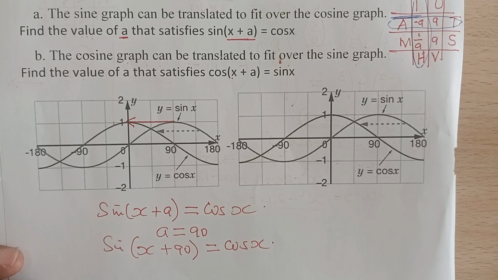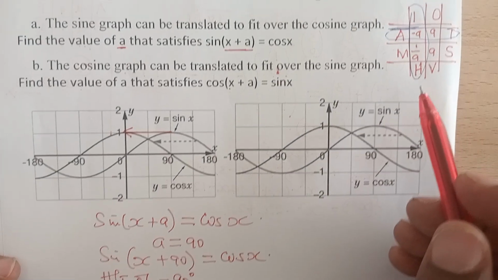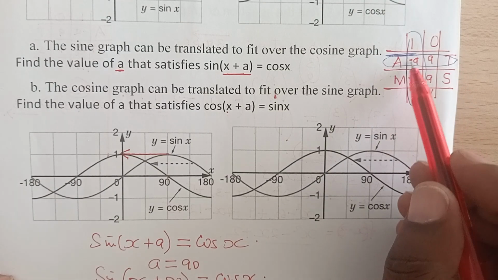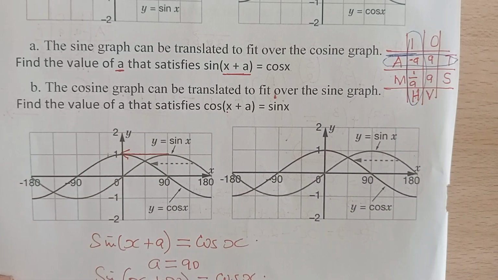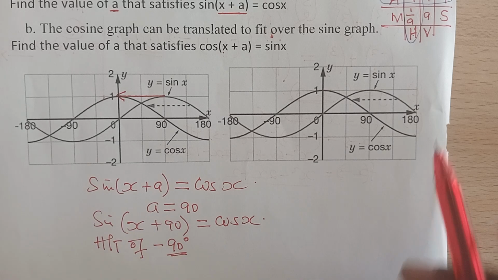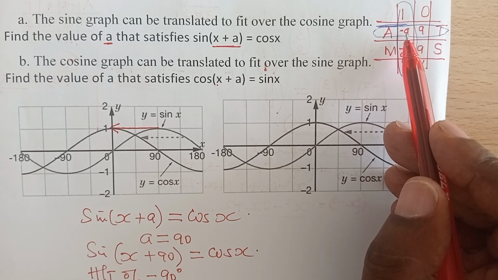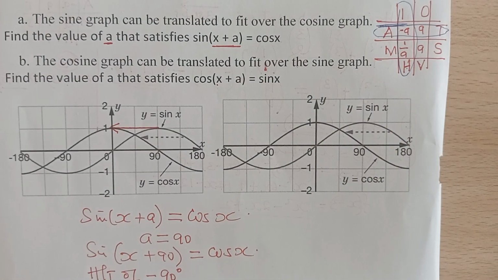How do I explain this? This is horizontal translation of minus 90 degrees, because as you can see, horizontal translation is negative A steps. Therefore, our A has to be positive 90, so that when we apply the rules of translation, negative 90 is realized.